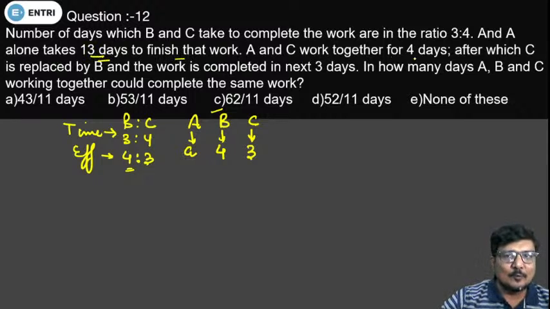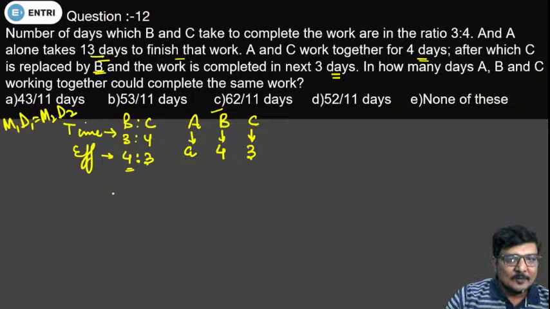A and C work together for 4 days, after which C is replaced by B and the work is completed in the next 3 days. We are going to apply the universal formula of time and work, that is M1 D1 is equal to M2 D2. The work done by A: efficiency of A is a into 13.